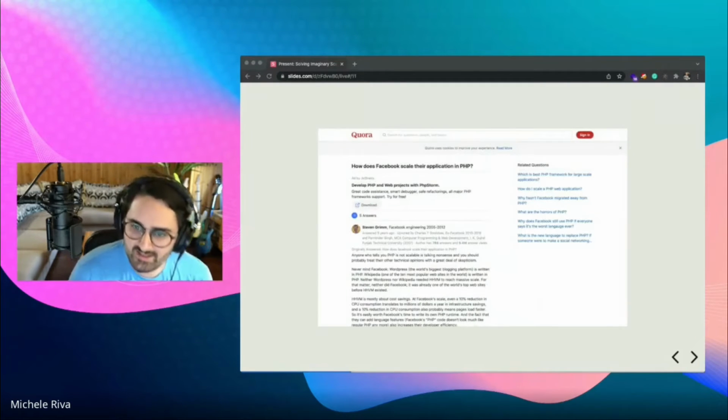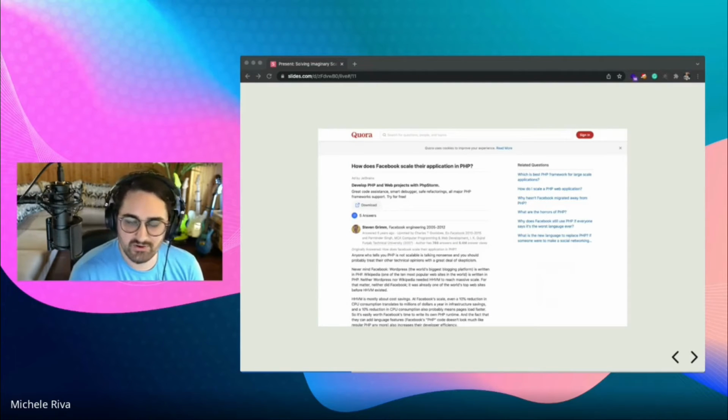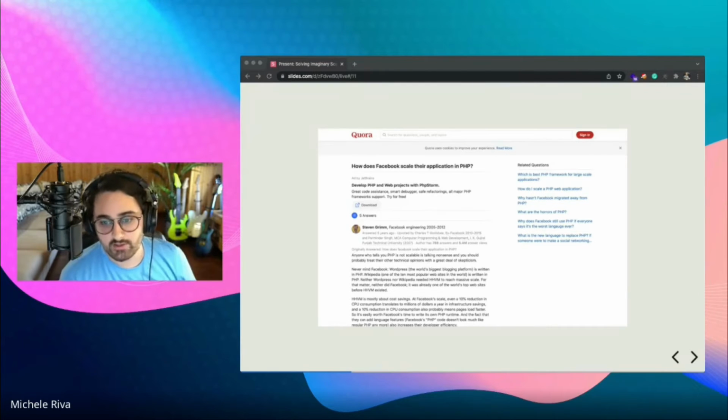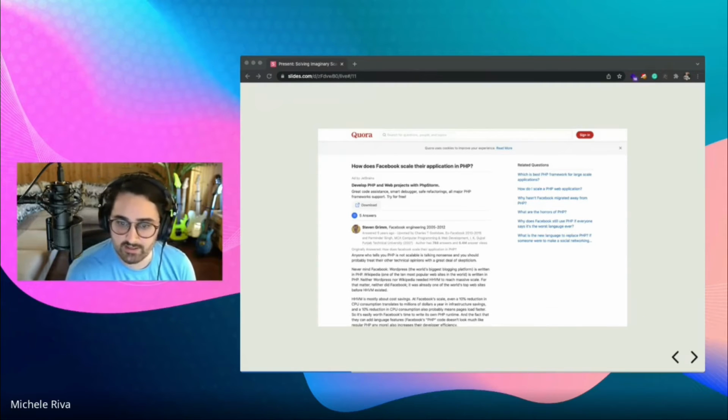So when we say PHP doesn't scale, what do we want to point out? I mean, Facebook is written in PHP and it's scaling pretty well. Of course, I know they're compiling PHP down to C++ and running everything on the HHVM virtual machine, so they're doing some great optimizations.